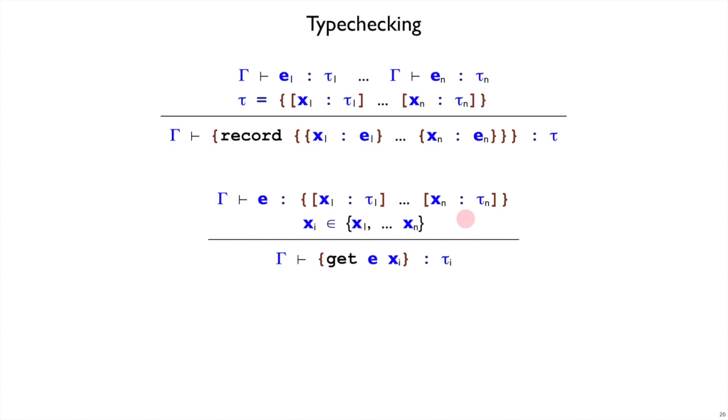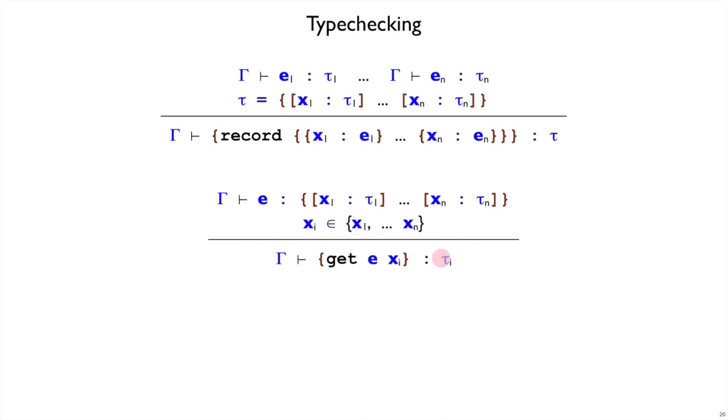A get form needs a record as its first argument expression. So when we type check that E, it had better give us a record type, and it had better give us a record type where one of the x1 through xn is the name that we wrote here. So when we write xi, we mean something in that set of field names that are in the record type.